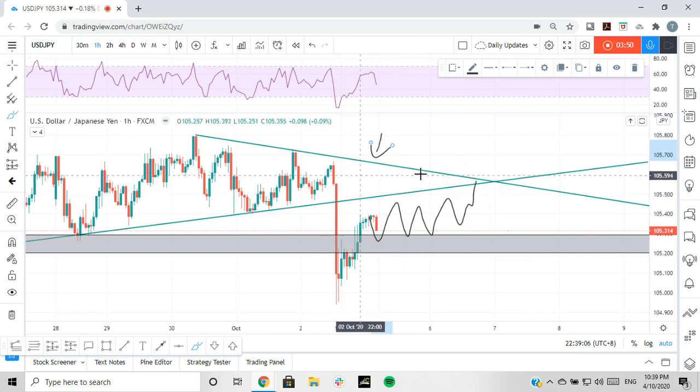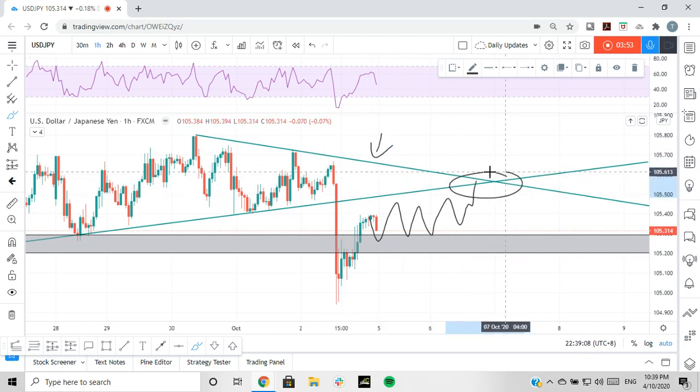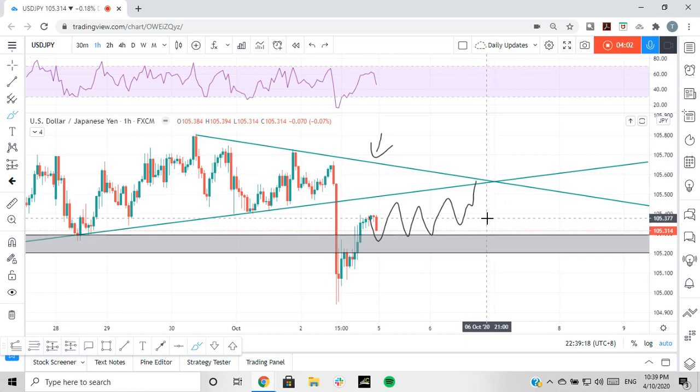I told traders before that when there is an intersection, this price is going to be a very important level, because there will be two types of traders looking at this level.